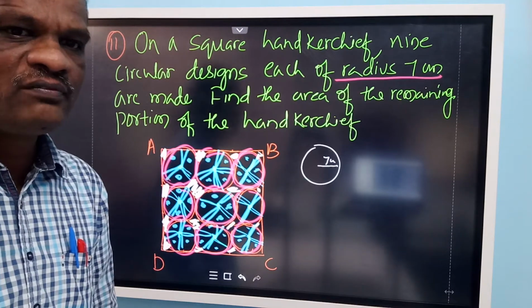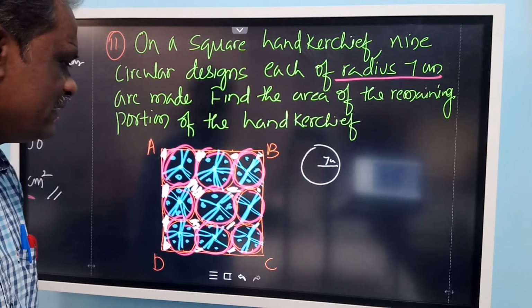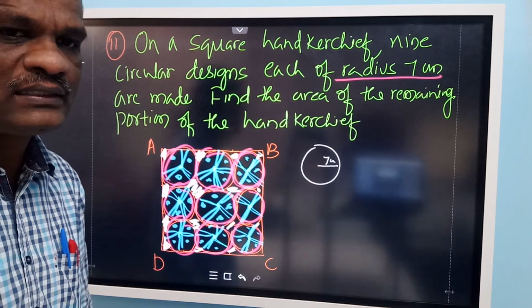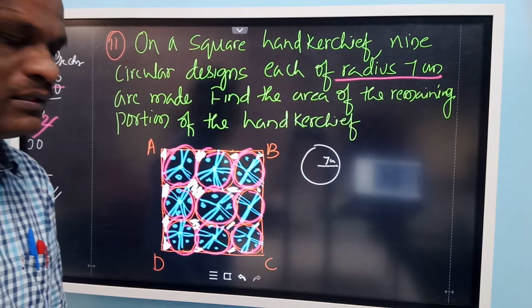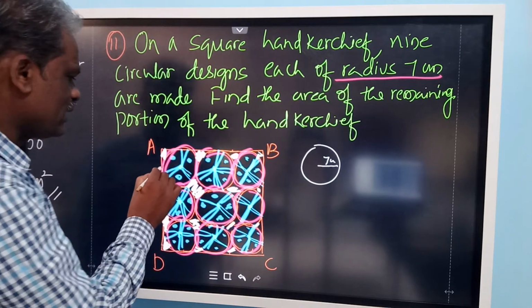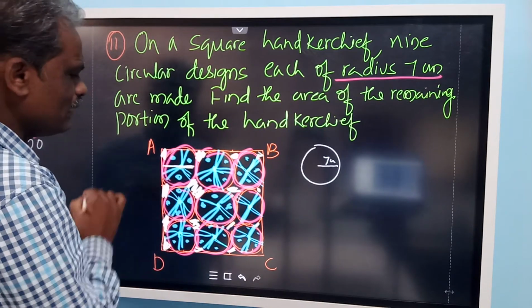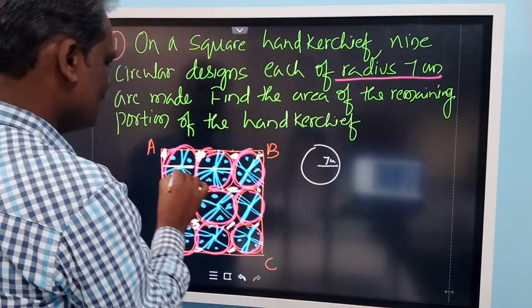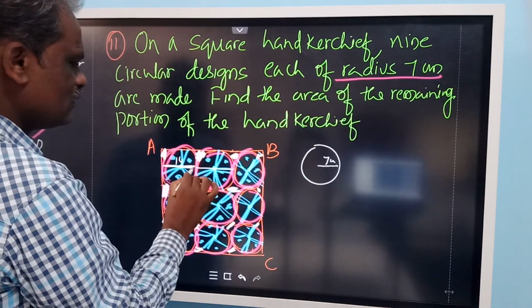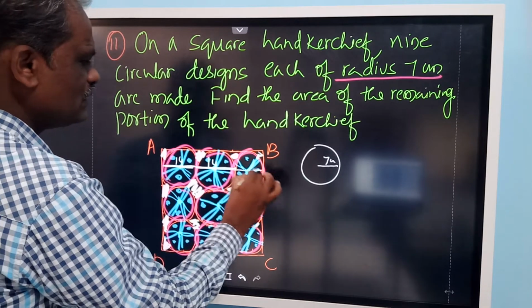Area of square we need to find out, but how to find the area of the square? Length is not given. How to find the length of this side? 3 times the diameter of one circle. 3 times the diameter of this circle. Diameter here, what is the radius? It is 7. So diameter will become 14. So this diameter also 14. This also 14.